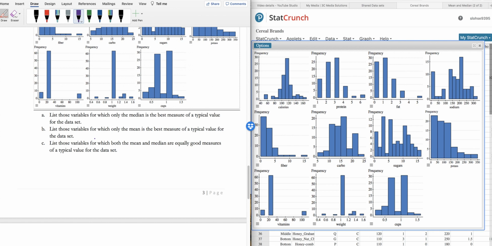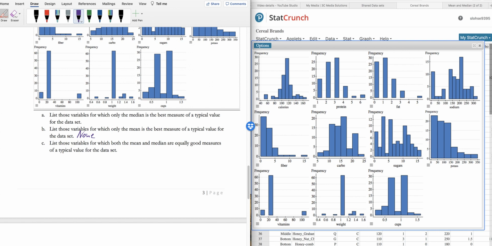List those variables for which only the mean is the best measure. Well, honestly, we can fill that in right now. That is going to be none of them, because remember that if the mean is good, the median is also good. So there's really no time in which the mean is the only best measure.